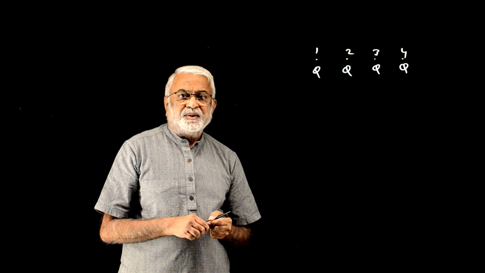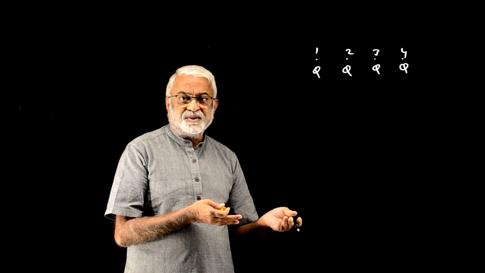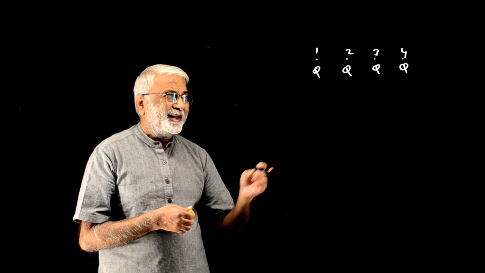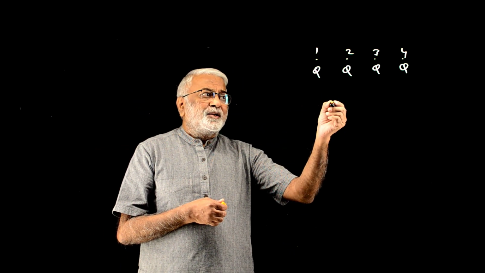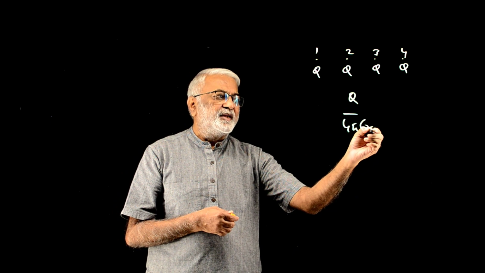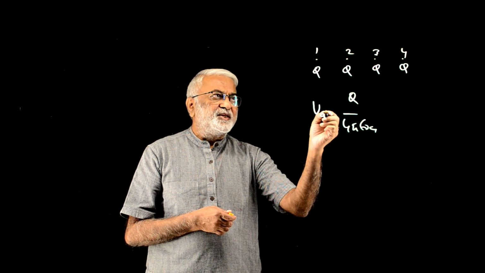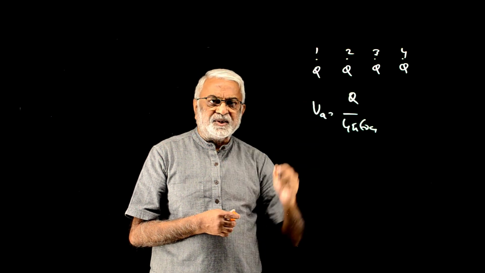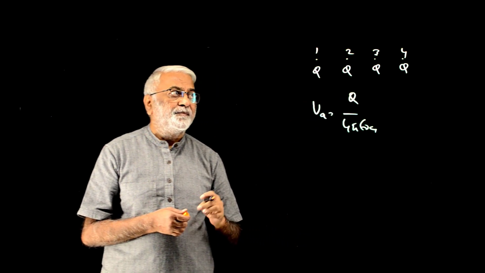One other method is to treat each charge as being in the field of the others and then leave out that charge from further calculations. This can be a bit tedious. Again, let's use Q by 4 pi epsilon 0 A, that is the potential due to the adjacent charge at the place where one charge is. Let's use that as a reference.